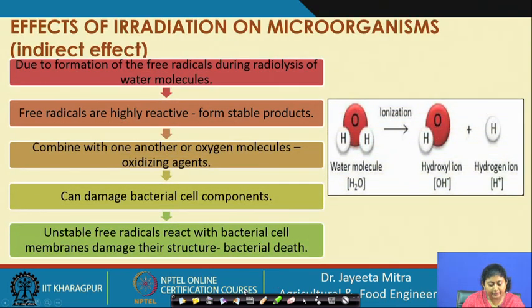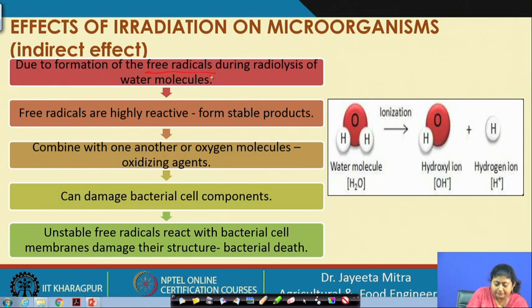Now, effects of irradiation on microorganisms, which is an indirect effect. Later on we will come to the direct effect. The indirect effect is due to formation of free radicals during the radiolysis of the molecule. What happens is that when ionizing radiation, X-ray or gamma ray, falls on a food product, there are particles of water and oxygen.